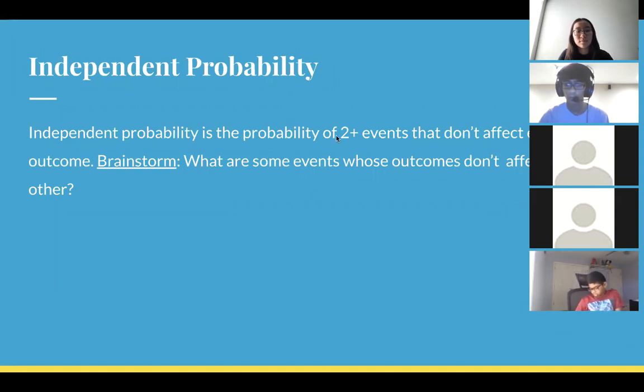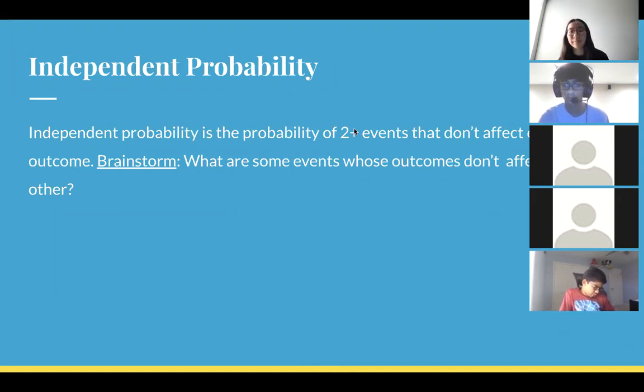It doesn't have to be from your life. Maybe think about something from outside, like weather, for example. Or it can be oddly specific for some reason. Just think of some events that don't affect each other.